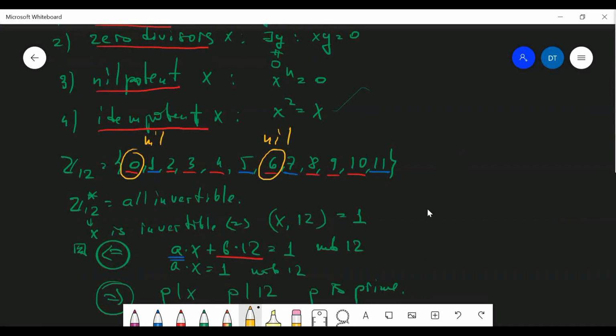Okay, and so now I want to find all the idempotents. Well, but this is simple. You just need to raise each element to a power of 2 and compare with the initial element. You can do this simply by brute force.